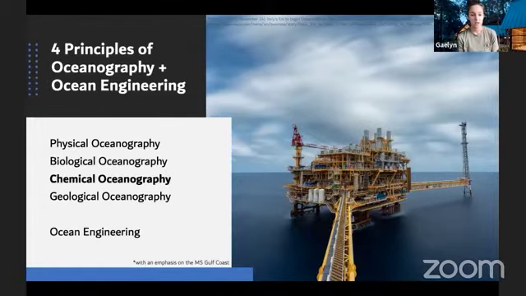They talked about autonomous vehicles, so unmanned vehicles, and then remotely operated vehicles, so ROVs. We got to learn a little bit about how those things work, what they look like, and what they're used for. So that was pretty cool.